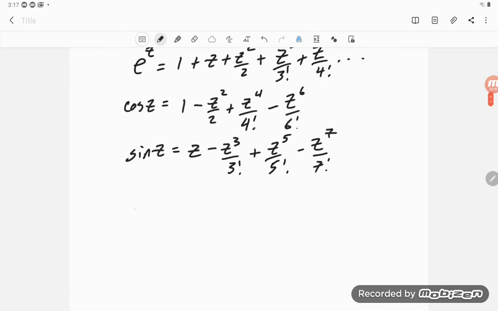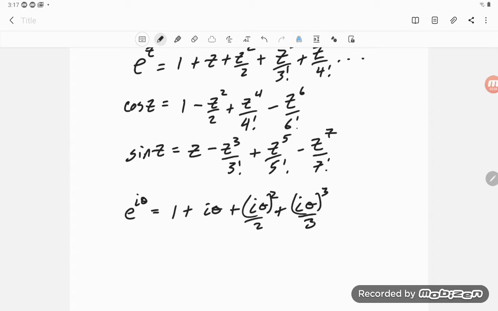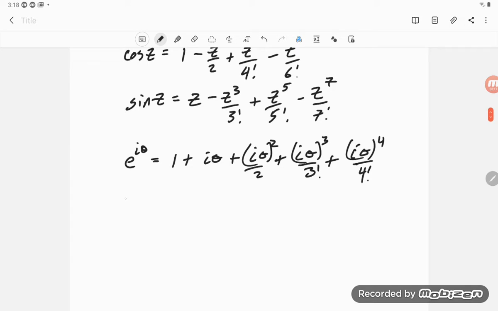So from those, if I look at e to the i theta, that's 1 plus i theta plus i theta squared over 2 factorial plus i theta cubed over 3 factorial plus i theta to the 4th over 4 factorial. Okay, that's e to the i theta. Now if I simplify, I have 1 plus i theta.